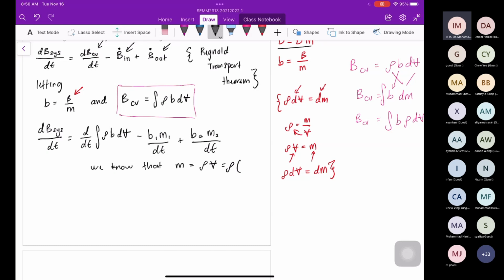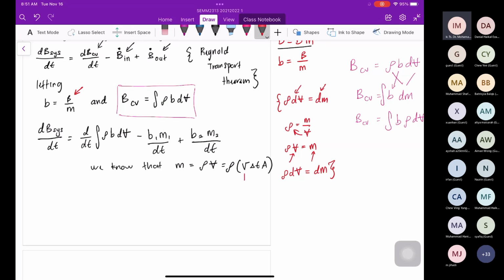Then I change the volume into velocity multiplied with delta t multiplied with the area. Why?